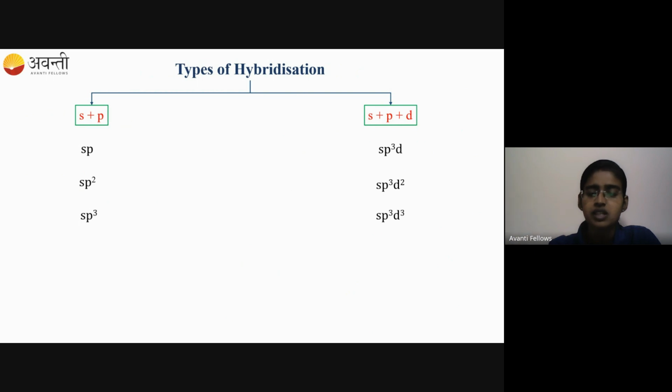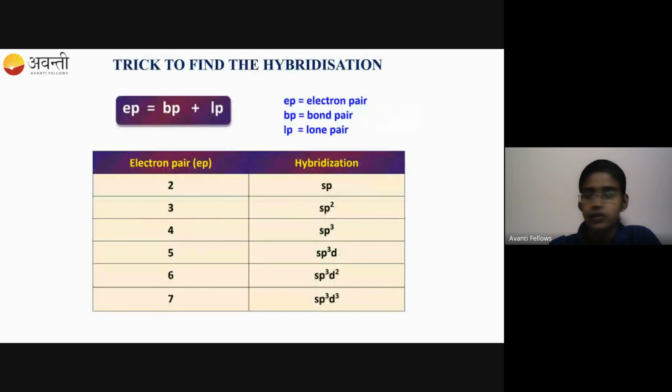But in this session, I am going to give you a trick to find out the hybridization. You have to use just one formula, and that formula is electron pair equals bond pair plus lone pair.